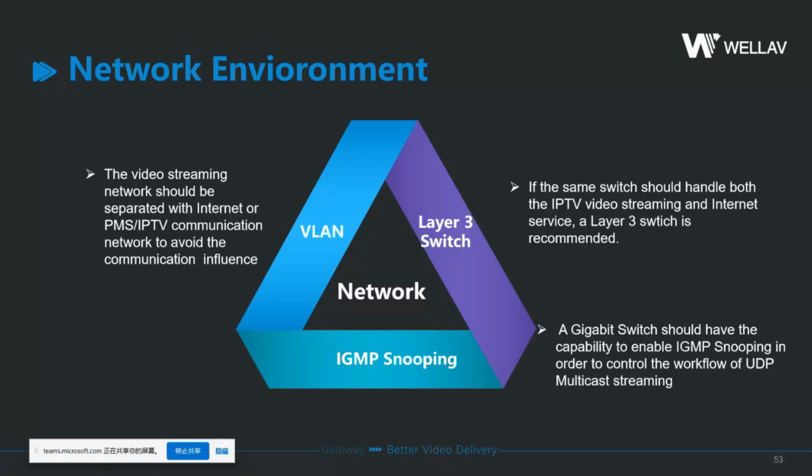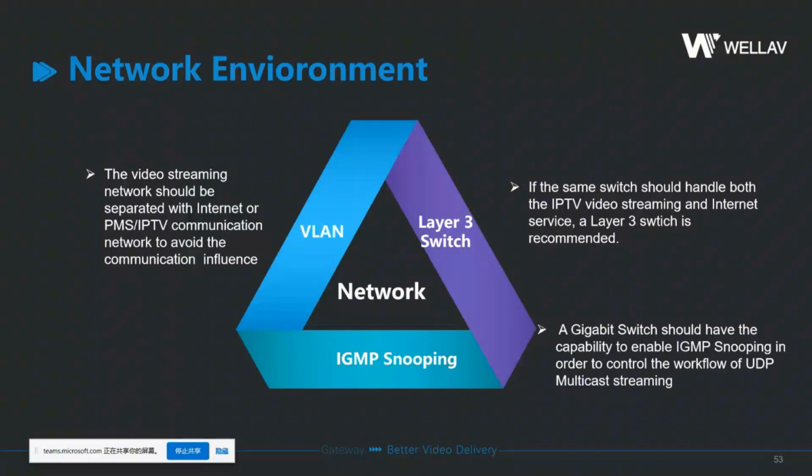It can separate the internet data service from the video stream service, and it also has the capability to control internet access. So a layer 3 switch is relatively powerful for such a network, in order to properly handle the data streams and the internet access service and control.